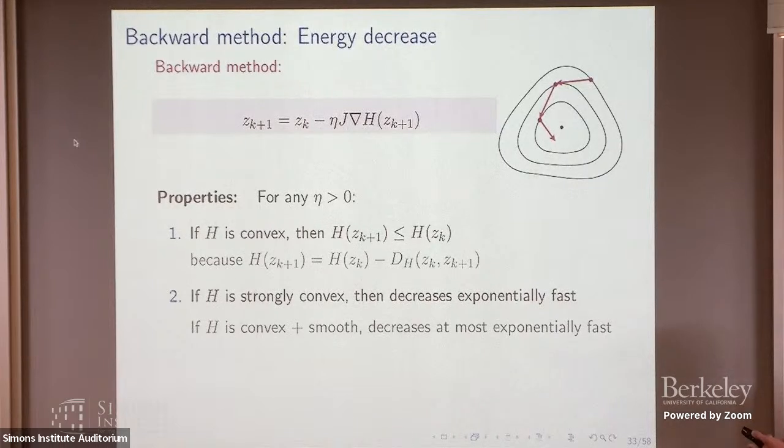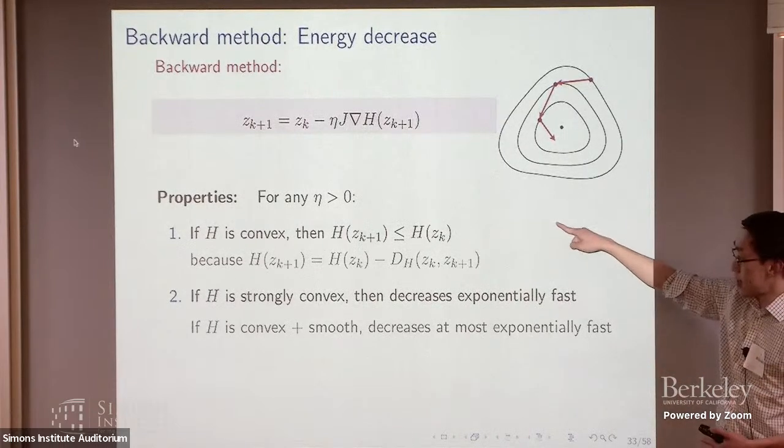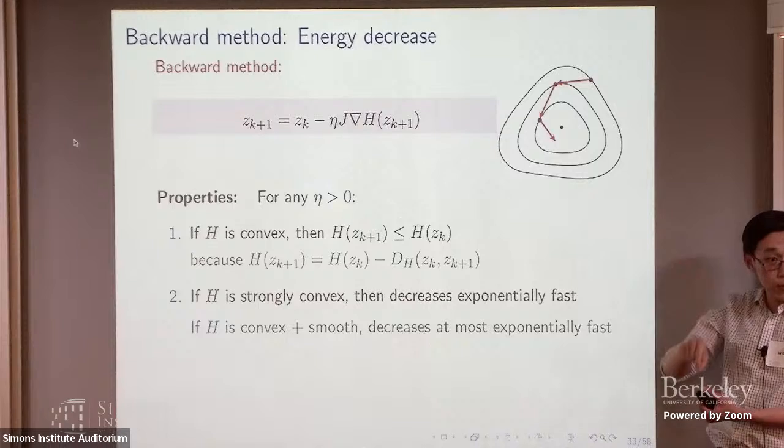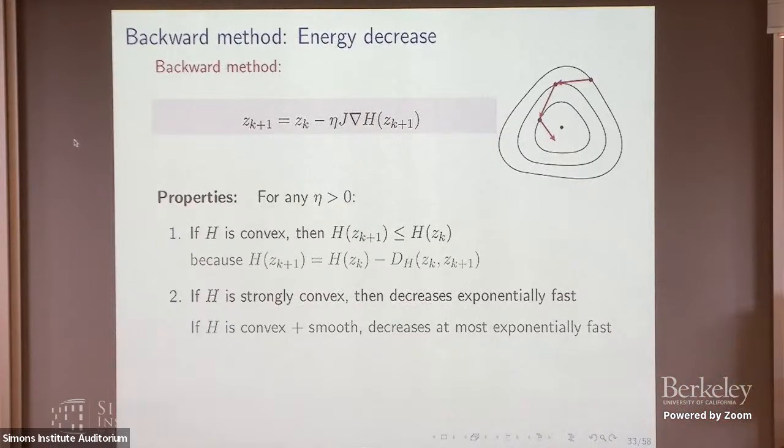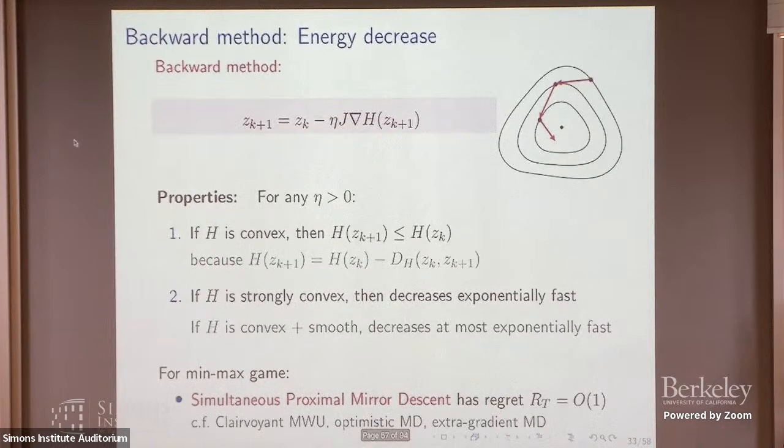And then if you assume strong convexity, you can improve this to say that your energy function goes to 0 exponentially fast. And there is also a corresponding upper bound. And this corresponds to the statement that the simultaneous version of proximal mirror descent has regret bounded in time.